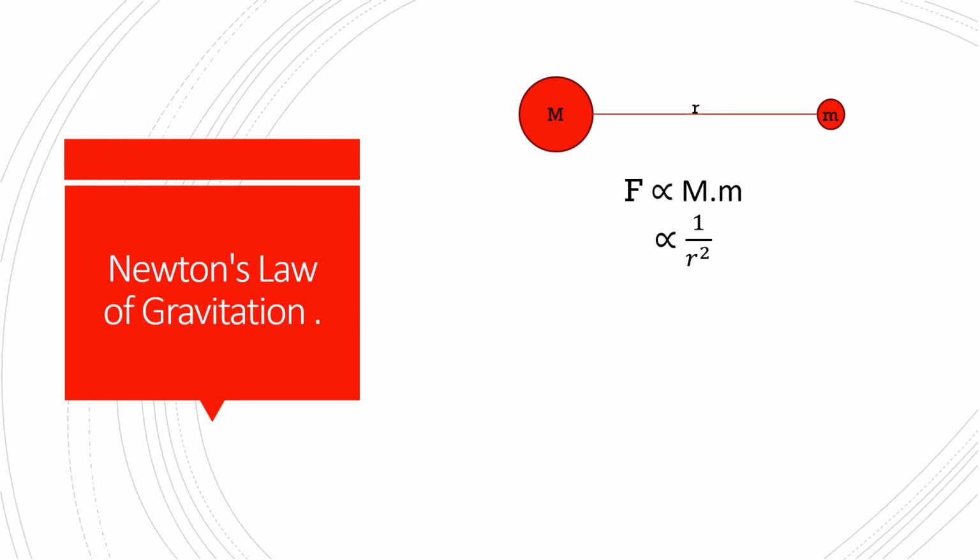Now in this universe, every body feels gravitational interaction, and this gravitational interaction is always attractive in nature. Now we write the gravitational force F equals G capital M small m by r square. This capital G is called the universal gravitational constant.